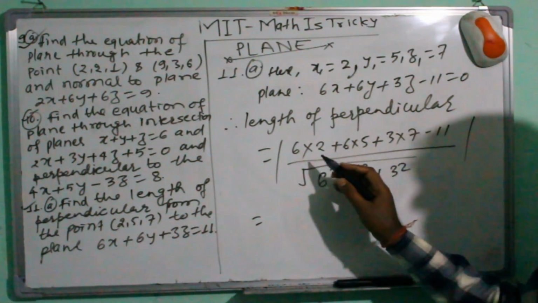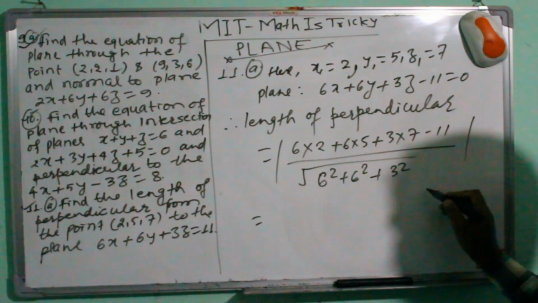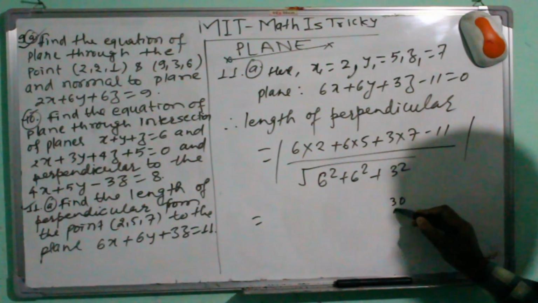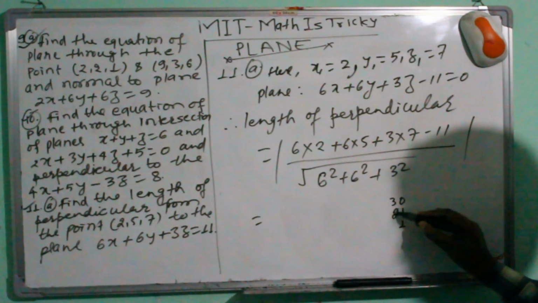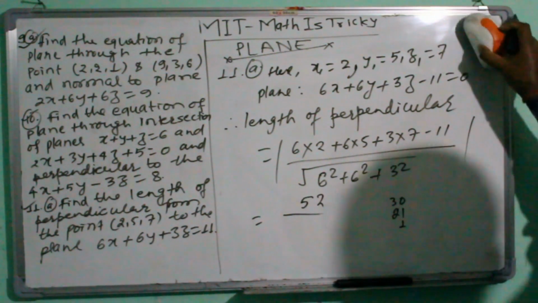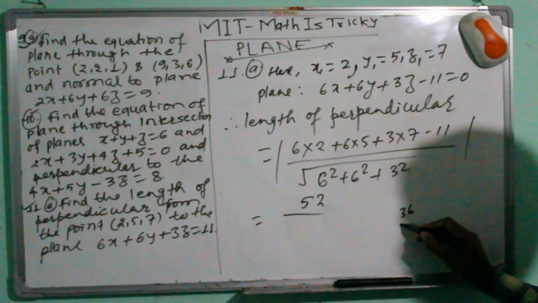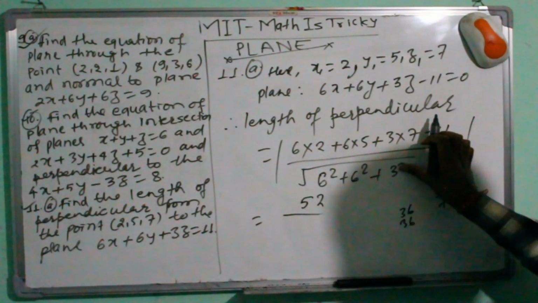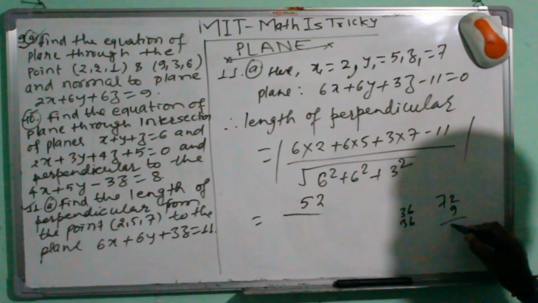So what you'll get here: 12, 30, 21, minus 11, which gives 52, by 36 plus 36 is 72, plus 3 square, 9, so 81.